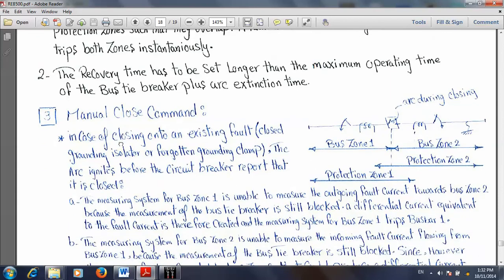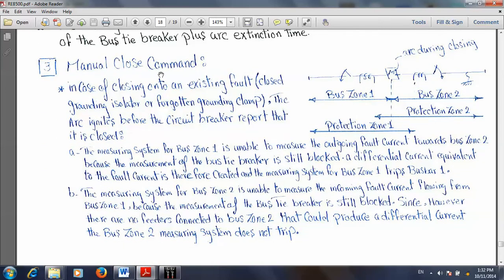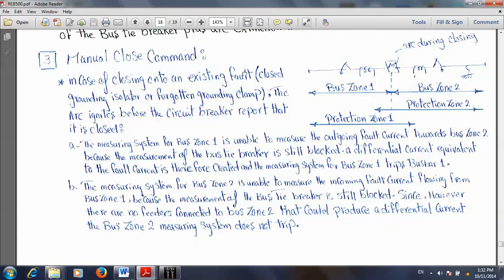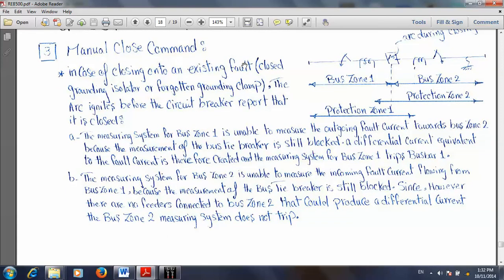Also, there is one important note: the manual close command. The manual close command here is very important for the bus section and the bus coupler. Why? He's telling you, in case of closing onto an existing fault, for example, I need to energize bus zone 2 from bus zone 1, and actually still there are no feeders connected here, no feeder is connected.